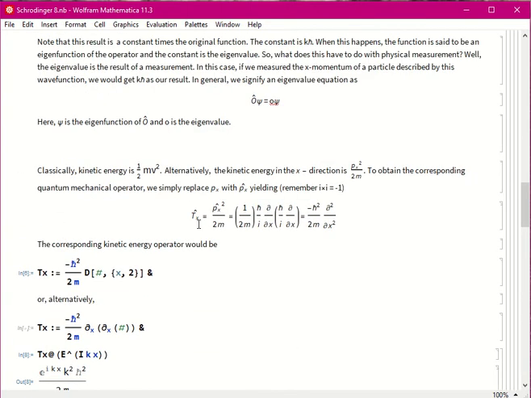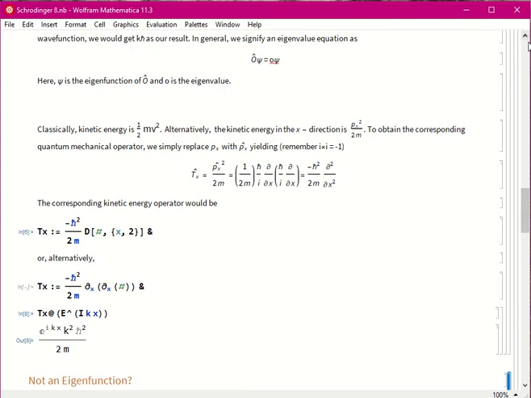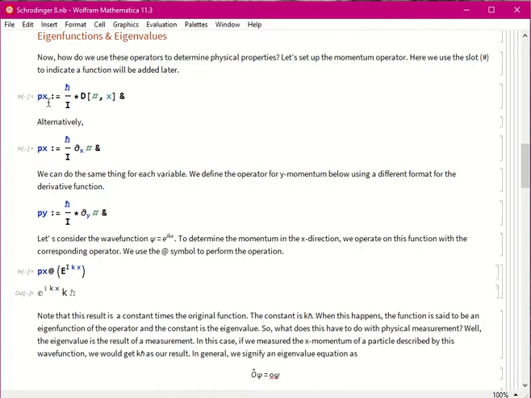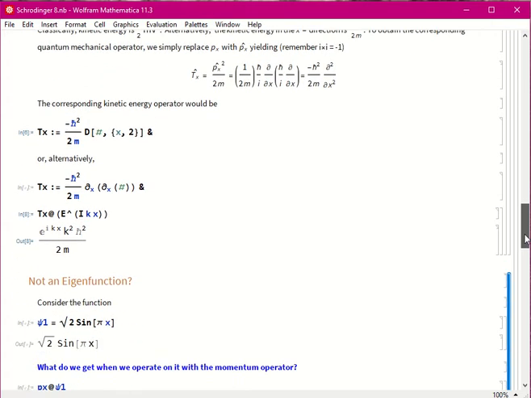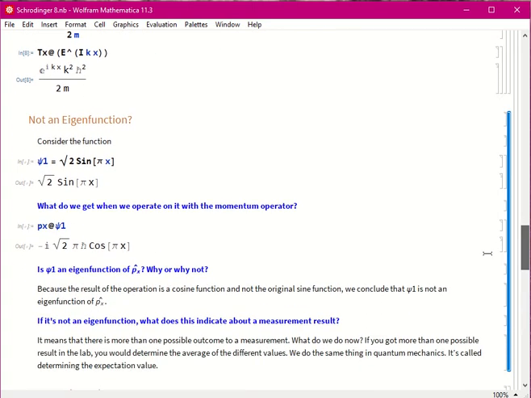Just to review, the momentum operator was defined up here, h bar over i times the derivative with respect to x. So that's our momentum operator. And when we operate on our function with our momentum operator, we get this result. Now, if we take a close look at this result and ask, is our function psi1 an eigenfunction of the momentum operator?